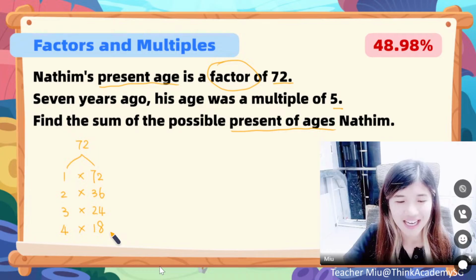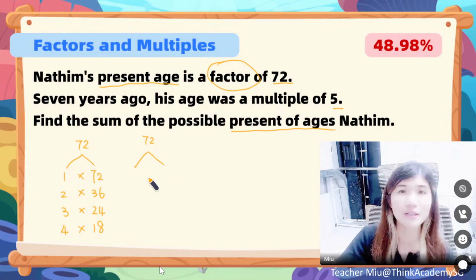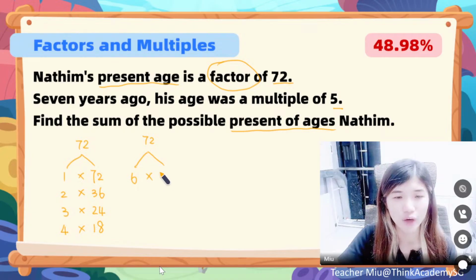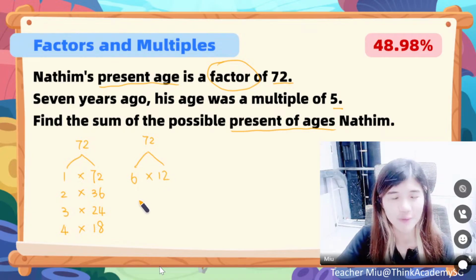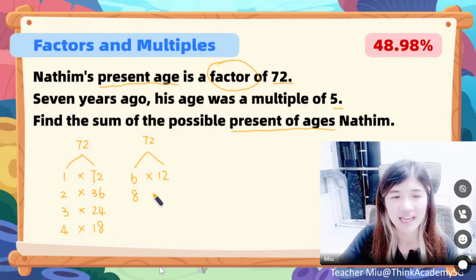Any others? Any other possible? Still got. Then we go to 5. Is it possible to go to 5? No. 6. That's 6 times 12. What about the next one? 7? No. 8. That's 8 times 9.